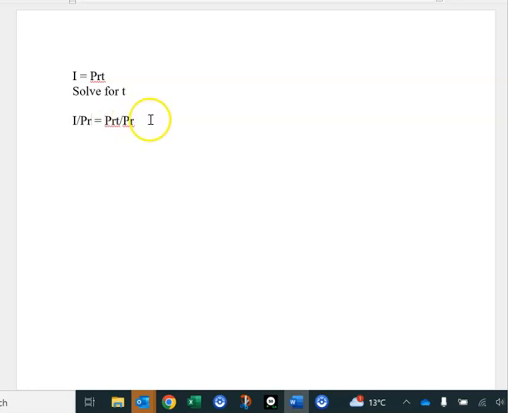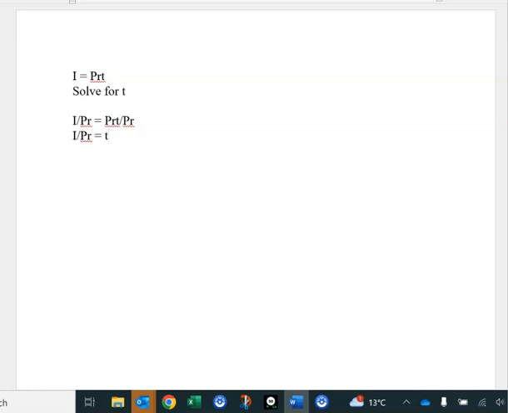Let's see if I can simplify it. I divided by PR, that's not going to change. PRT divided by PR leaves me with t. So t equals I divided by PR.